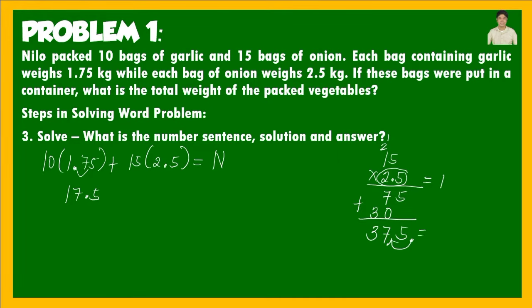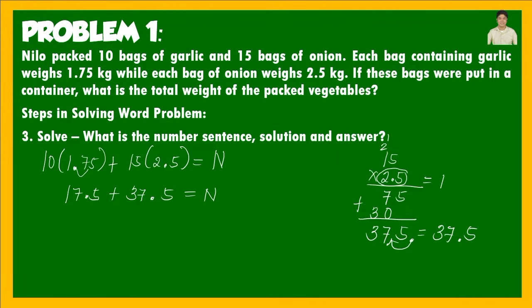So, yung answer natin is 37.5. So, the product of 15 and 2.5 is 37.5. So, 37.5 equals n. And then, finally, i-add lang natin yung 17.5 tsaka 37.5.